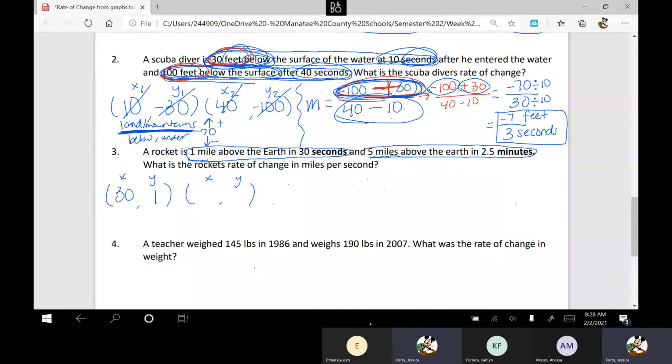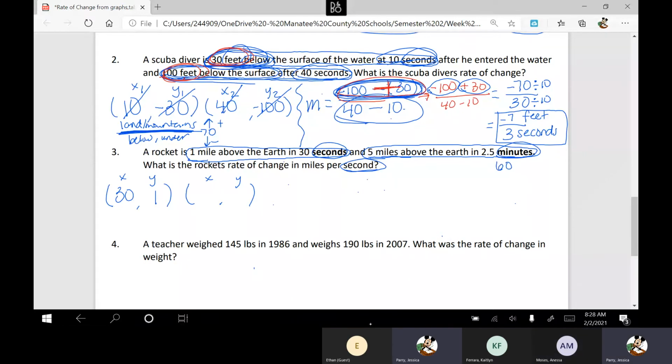And then our next one, it says 5 miles in 2.5 minutes. Okay, first we were talking about seconds. Now they're talking about minutes. Our final question is asking us, what is the rate of change in miles per second? So we need to change minutes to seconds. How many seconds are in 1 minute? 60.